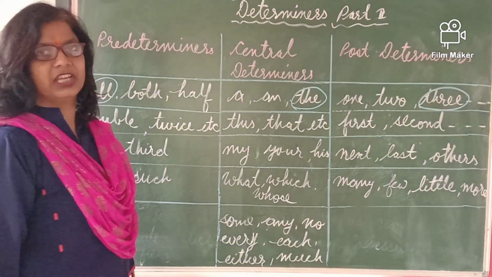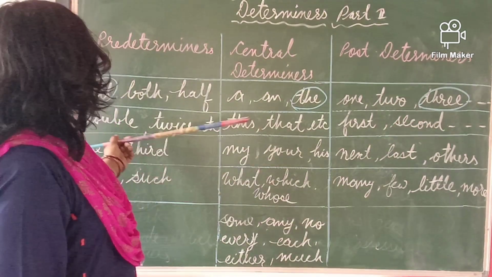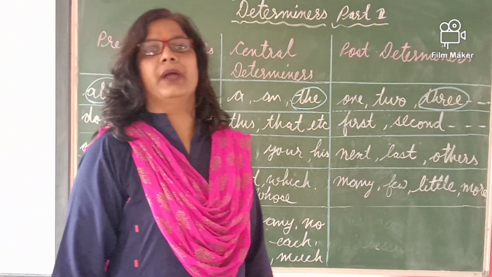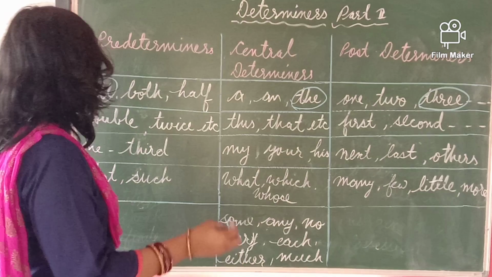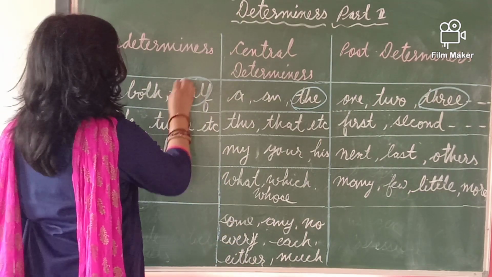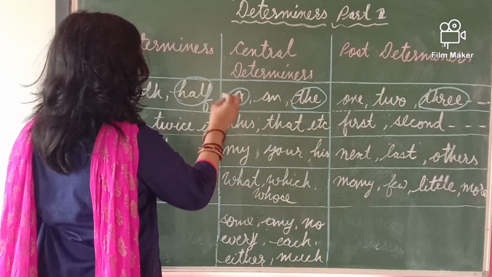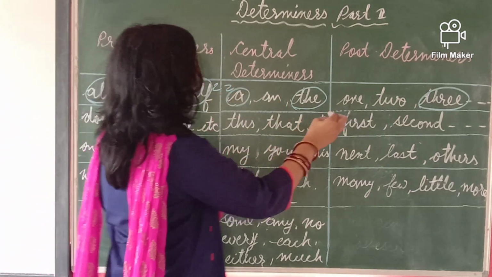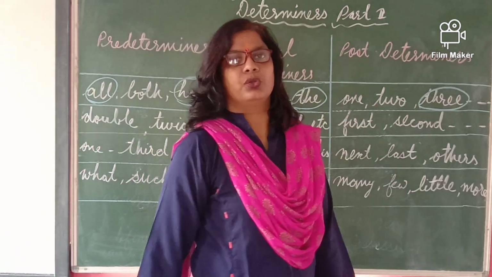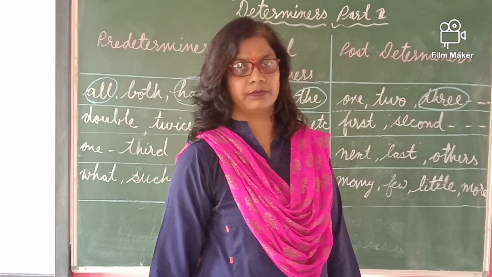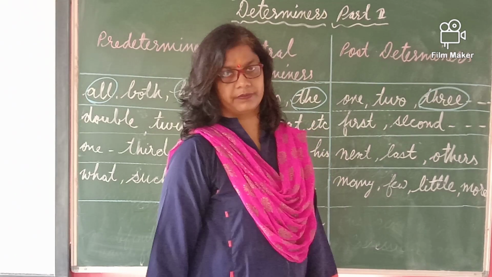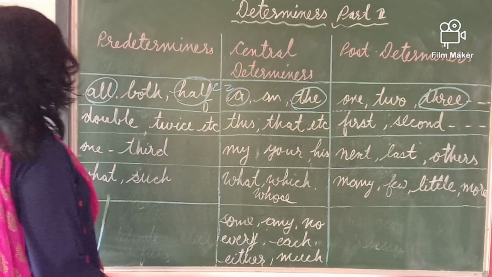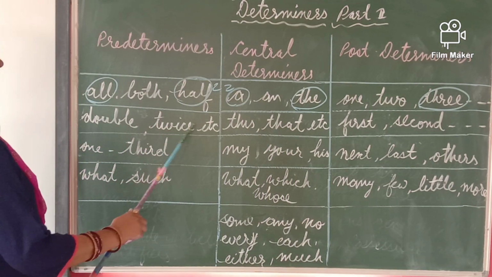So all the three members will be there in the meeting. Next example: half a two people is seen there. Understood?